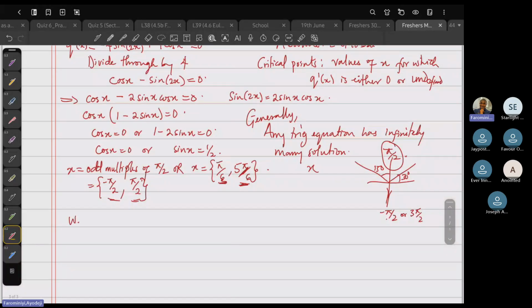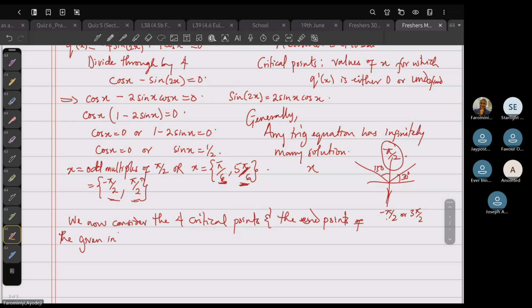So we now consider the 4 critical points and the end points of the given interval. The one that gives us the highest value is the absolute max, and the one that gives us the least value is the absolute min.